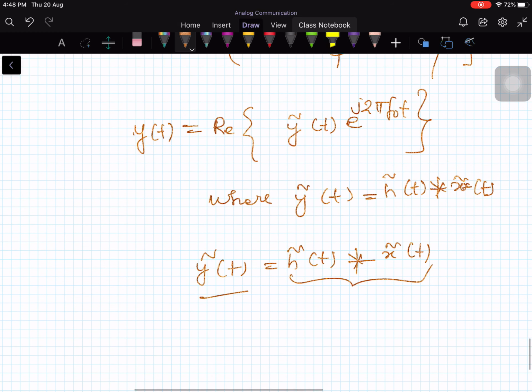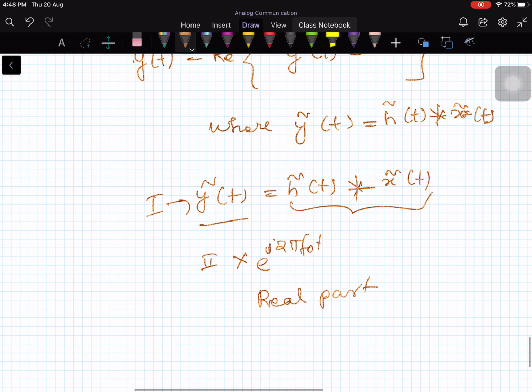Then multiply with e to the j 2 pi f naught t, and then take the real part. Simple, right? The first step is do this, the second step is multiply with e to the j 2 pi f naught t, and the third step is take the real part. That's all. Very simply you can get the result instead of going through this lengthy calculation.